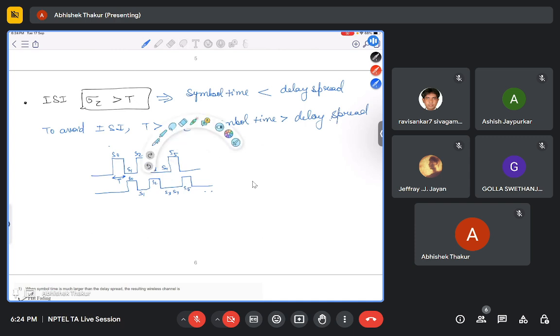Because in this case you can see that sigma tau is greater than T. So when you combine these two, there will be inter-symbol interference.